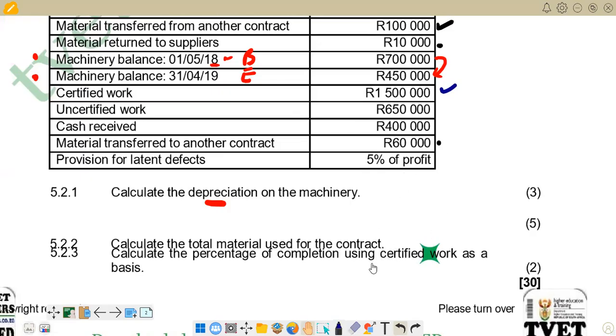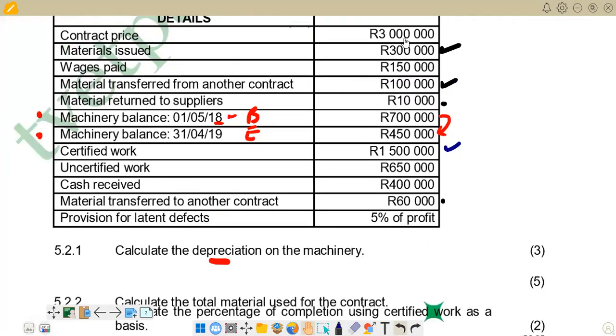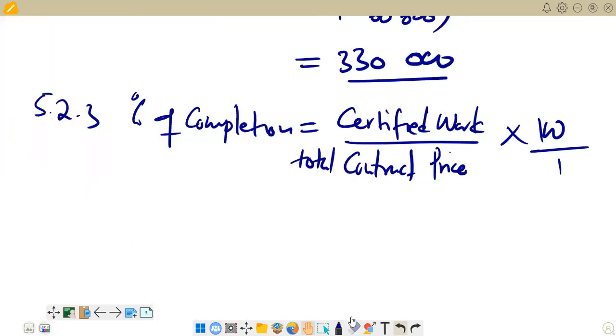So the figures that we have there, we have confirmed them. Certified work 1,500,000. Then our contract price we are given at the beginning of the question, that is 3 million. So we can go and substitute those figures. Certified work, remember, is 1,500,000. Then we divide by the total contract price, which is 3 million.